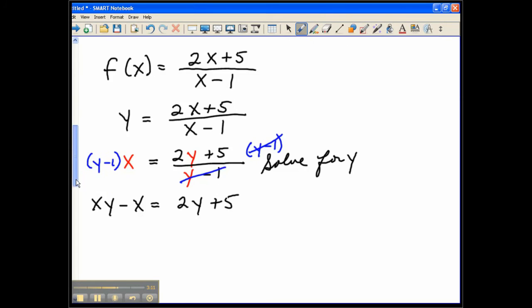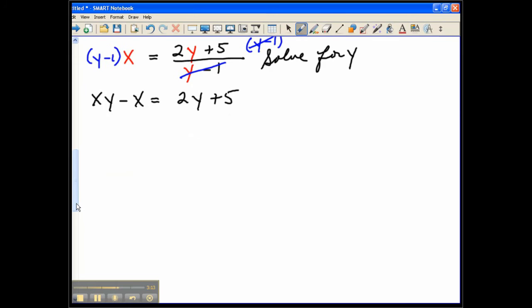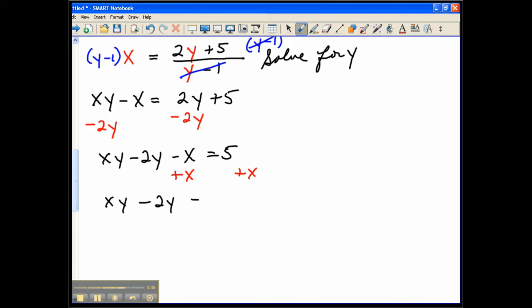Now we need to get our y terms together. So I'm going to first start off by subtracting 2y from both sides of the equation. We'll have xy minus 2y minus x equals 5. Then I'm going to have to remove the minus x by adding x. So I'll have xy minus 2y equals 5 plus x.